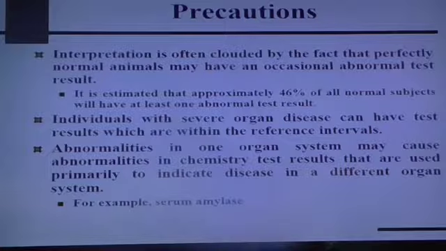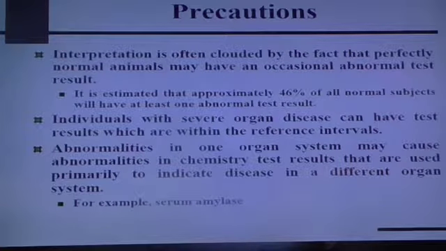That's why we have to do our physical exam and history. Because if something's very elevated but that animal shows no clinical signs of it or anything else, could it be just an aberrant thing in this animal? And that's what we have to consider. It's estimated that about 46% of all normal subjects will have at least one abnormal test result on a chemistry panel. That's a pretty significant percentage, isn't it?